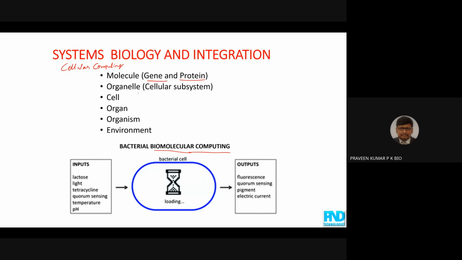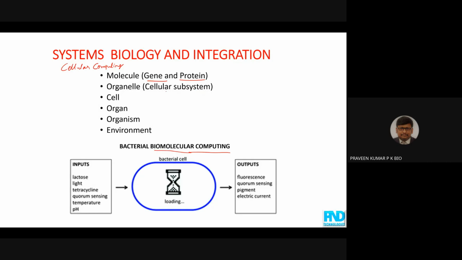Other than the biomolecules, we can also study the organelle, which is a cellular subsystem, for example mitochondria or chloroplast. Generally in humans, you study the mitochondria for cancer diseases. And if you are working on plant metabolism, of course, we need chloroplast. So these are some of the organelles.